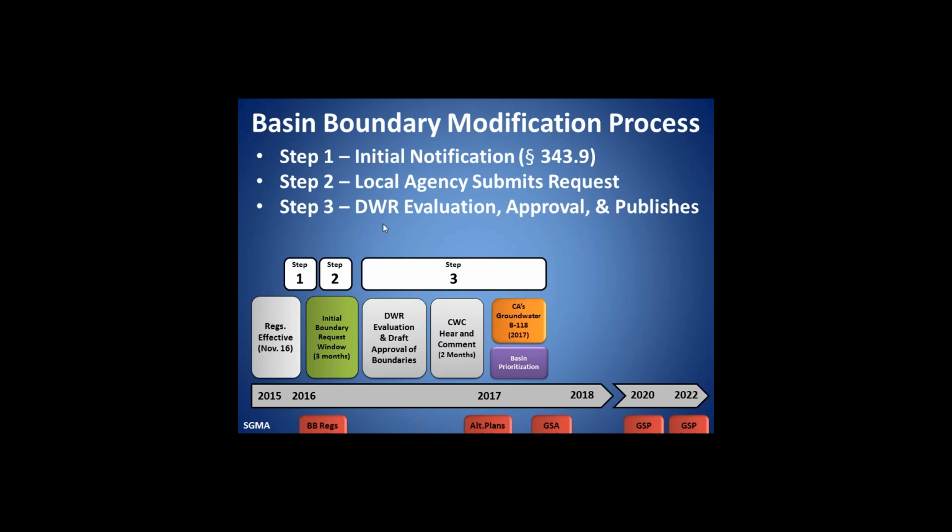Step 3 is the evaluation of these requests, approval, and publication of Bulletin 118. And immediately you can see that our target is by end of September 2016, we have the boundary modification request evaluated and a draft approval list prepared.